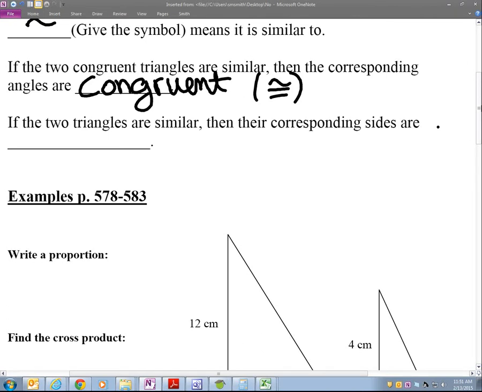If two triangles are similar, then their corresponding sides are proportional. And we've done proportions many, many times.